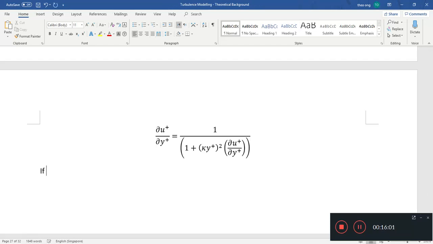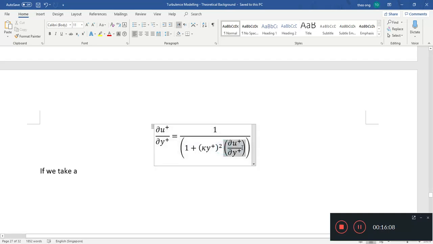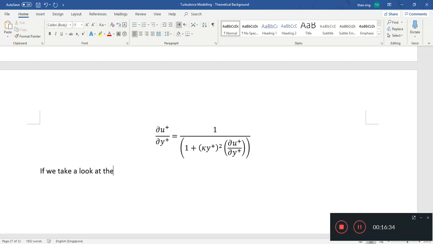But if we take a look at the Van Driest equation, of course you have to do a lot of manipulation just to get this du dy plus out of there. I'm not going to do that, but it's just to give you a comparison as to why the Van Driest equation looks the way it does. So we take a look at the Van Driest model.